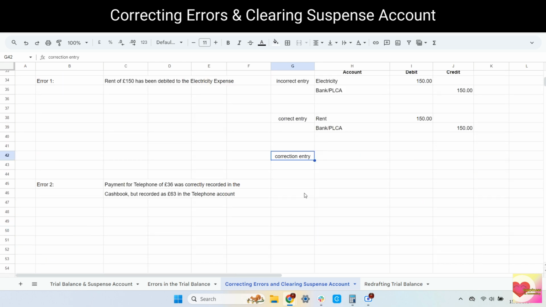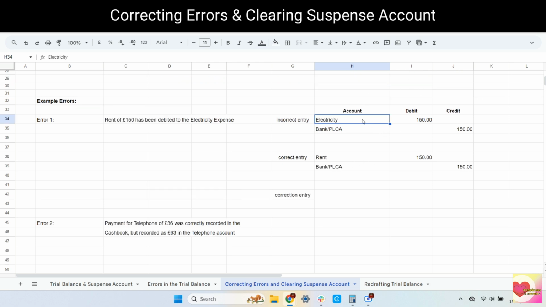Let's compare the incorrect to the correct entry. First, electricity 150 in debit is not in the correct entry, so it means it's incorrect, and we have to remove it, so we will put it here in the correction. We have to remove this amount in debit, so we will put the same amount in credit.